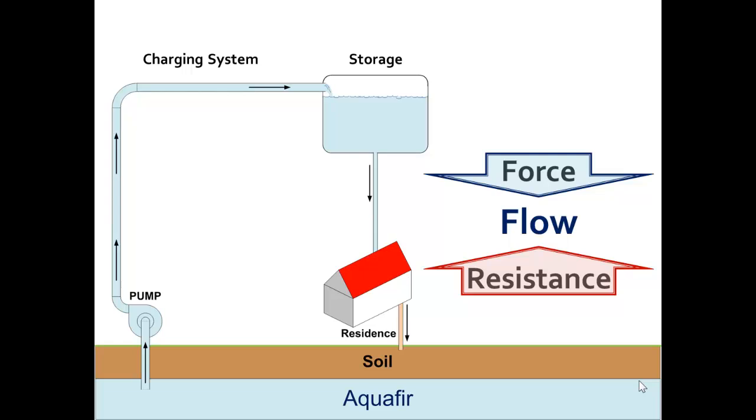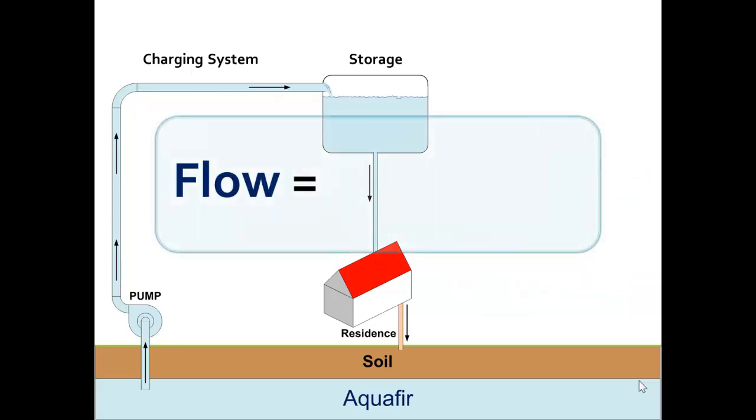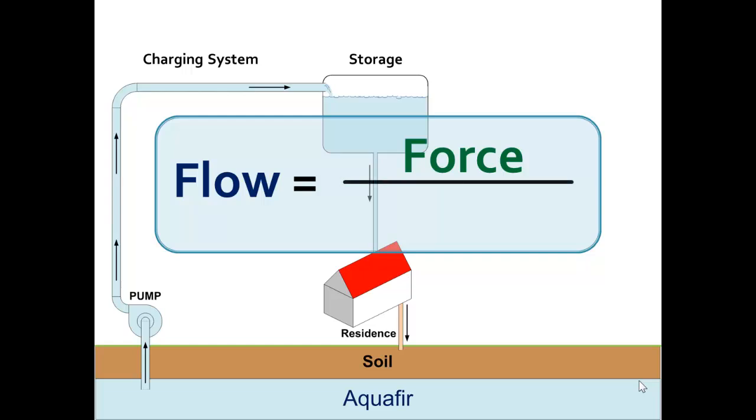So I think this is a very easy to understand illustration. So if we put force, flow, and resistance in another form, we would say that flow is equal to force divided by resistance. So let's just stop and look at this a minute.